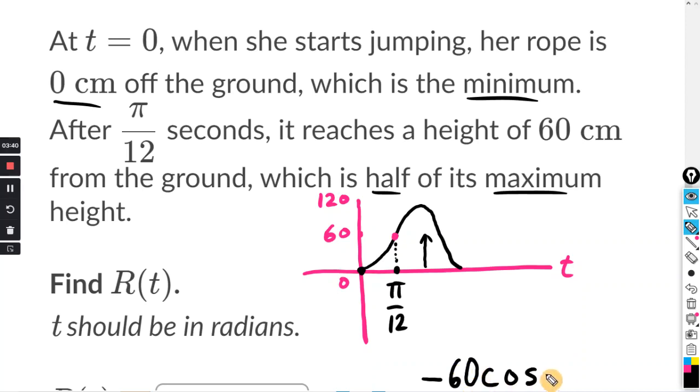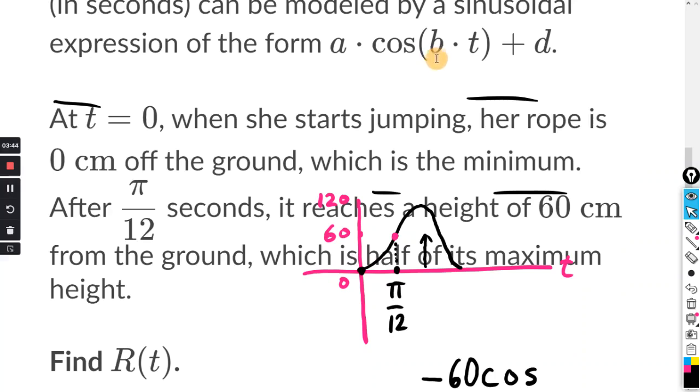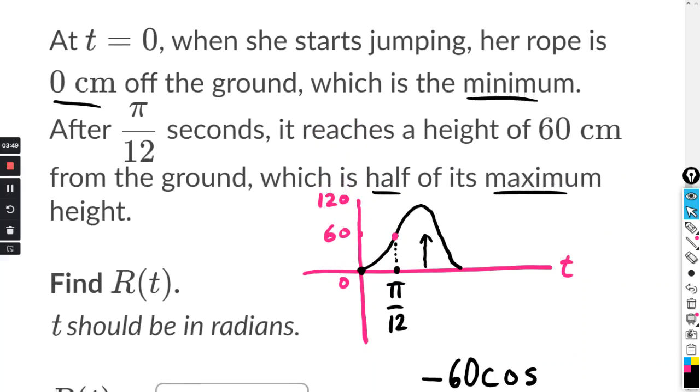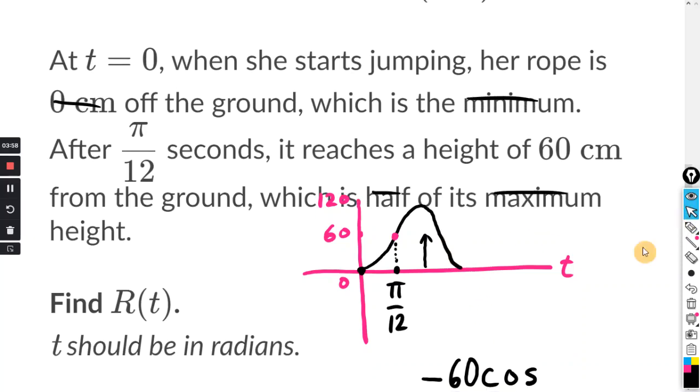And now we want the value of b. If you check out the form of their equation, b is a number that's multiplied by t. Normally it's multiplied by x, but now we're using t. So first, what is our period? Let me make a little room up top here.